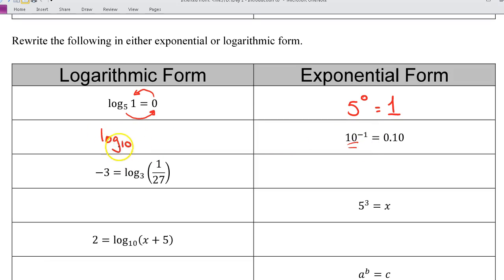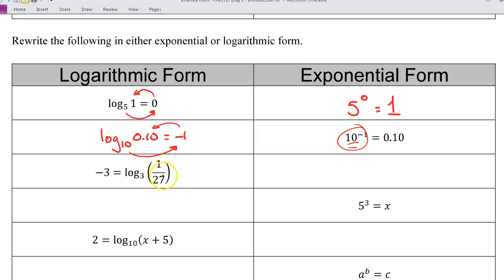So we have the log base 10, here's our base, of 0.1 is equal to -1. I'm sorry about that. Because then we can check, we're going to go this way, so 10 to the -1, which matches up with this, and then equals 0.1.